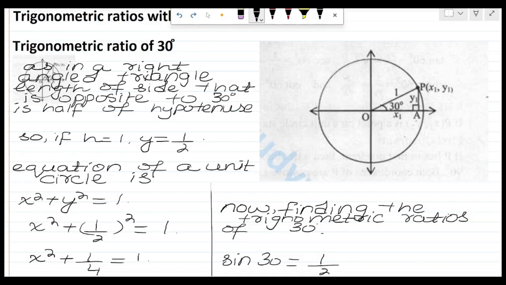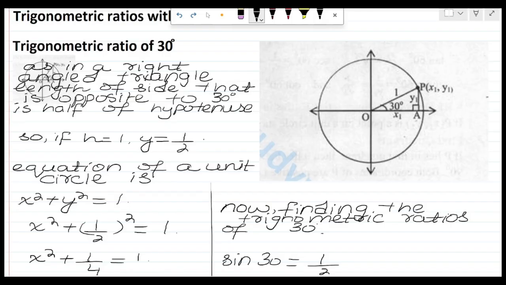And that point on a unit circle should be in standard position, such that the angle O will be equal to theta, but instead of theta, we will replace that with the value of 30 degrees. Now we will draw a perpendicular from the point P to the base, which we called PA, or you can call this perpendicular y, and the base OA as x. As we know, this is a unit circle, so our hypotenuse will be equal to 1.